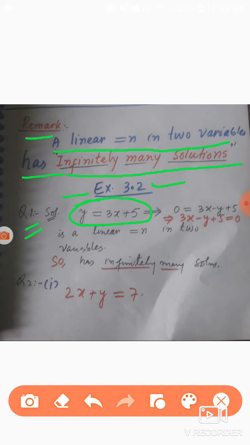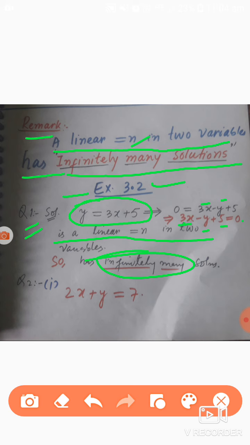It is a linear equation in two variables and can be put in the form, by transposing y to the right side, 0 is equal to 3x minus y plus 5. So we get 3x minus y plus 5 equal to 0. So it is a linear equation in two variables and as such will have infinitely many solutions.